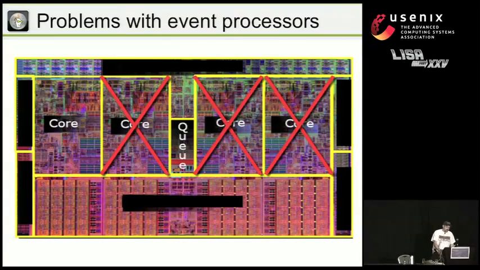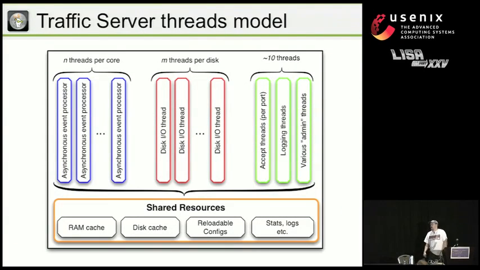So what do we do for Traffic Server? Well, we decided to go the worst possible route. We did both. So Traffic Server has a small number of threads. Each one of those threads, and those are the blue threads here in this picture, is an asynchronous event processing machine.